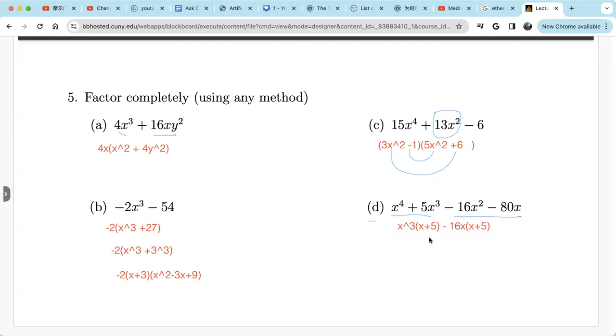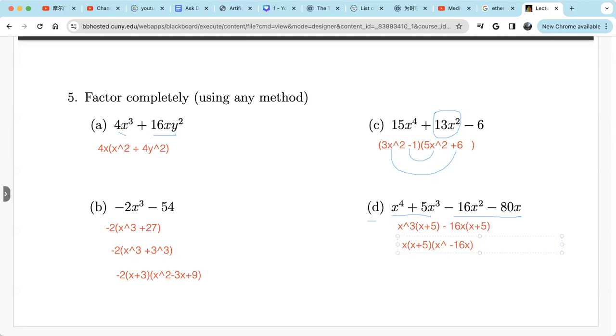Now we see the two groups have a common factor of x plus 5. So we factor out x plus 5. Then the first group is left with x cubed, and the second group is left with the 16x. Then we see x is a common factor, so let's factor out x.